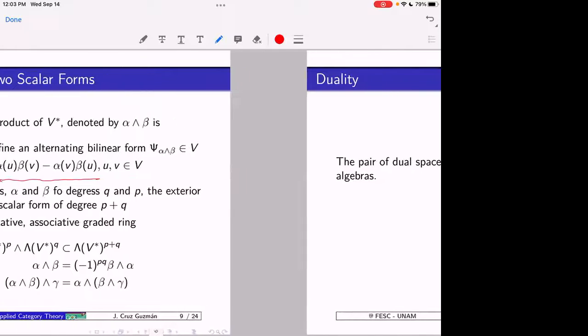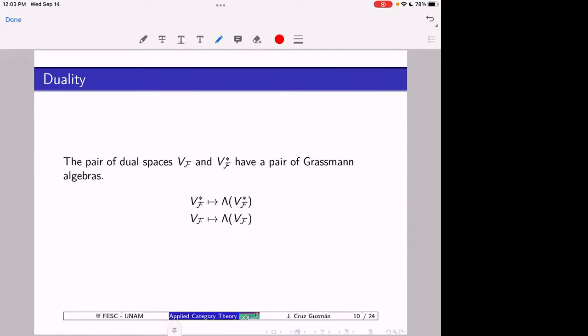Now, this is why we speak about two different Grassmann algebras. One is for the scalar forms, and the other one is for the vector forms. And you'd have to define a new symmetric product, but it would no longer be the Grassmann product then.